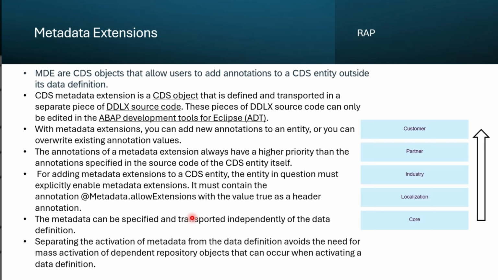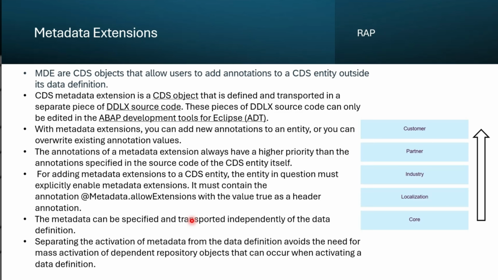So metadata extensions can be transported independently. Suppose you are making some changes in your projection or interface view. You will have different CDS views because we are establishing relationships between different CDS views. Then for transporting, you need all the CDS views to be captured in your TR.